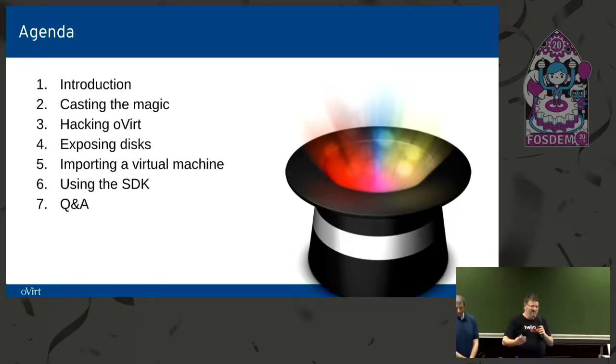Then we will try to hack Overt to add this feature. And finally, we'll see how we can actually do this using the changes we made, how we can expose disks, import virtual machines quickly, and how we can use all the new features using the SDK.